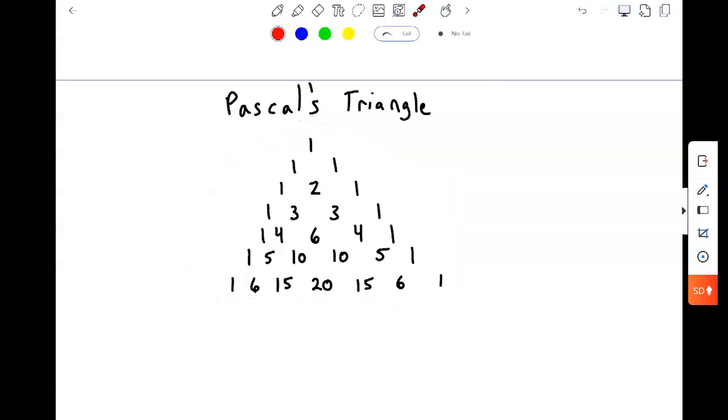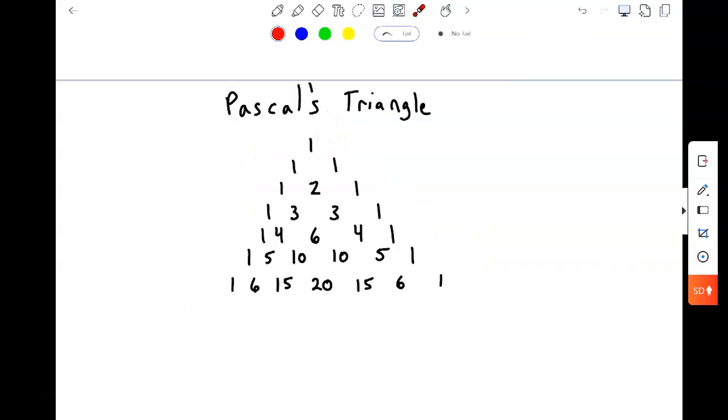Here the diagonals are numbered k equals 0, 1, 2, 3, 4, 5, 6 coming down, and your rows are row 1, 2, 3, all the way down to 6 as well.